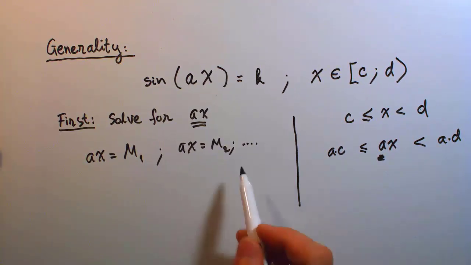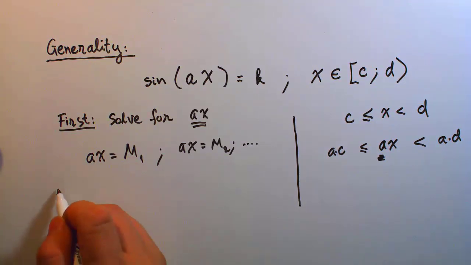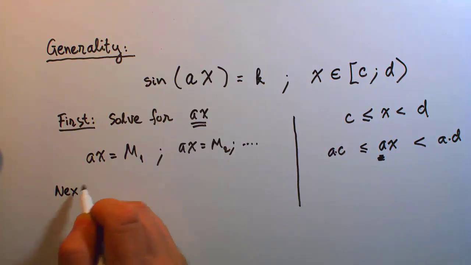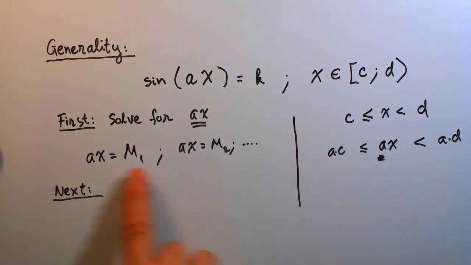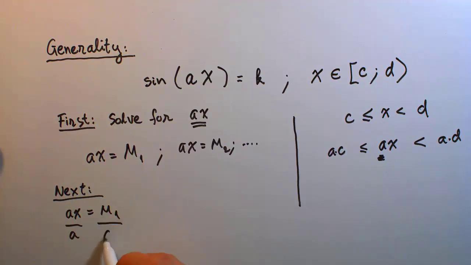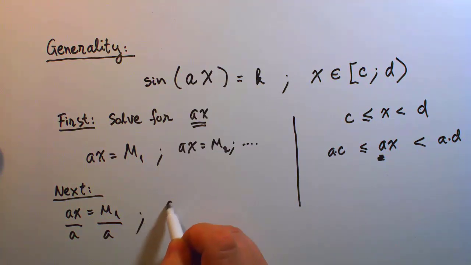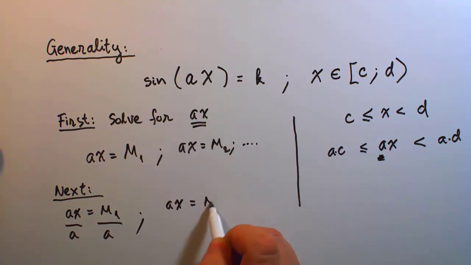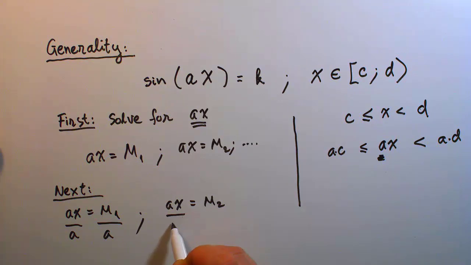And once we have found all that, the next step, on each of these little equations, say AX equals M1, we are going to divide both sides by A. Then AX equals M2, we divide both sides by A, and so on.